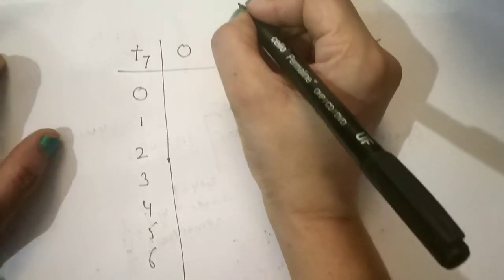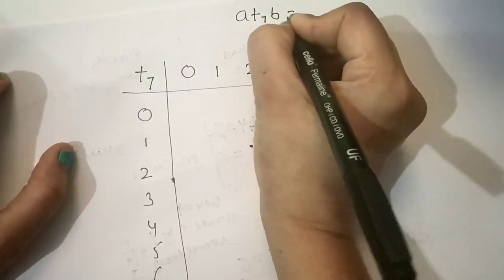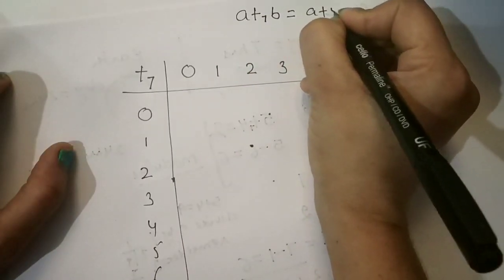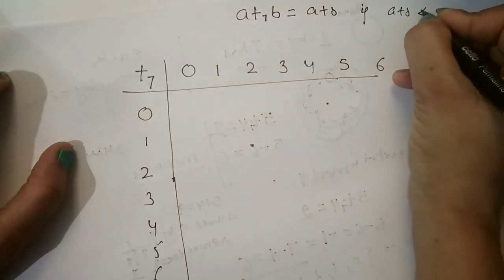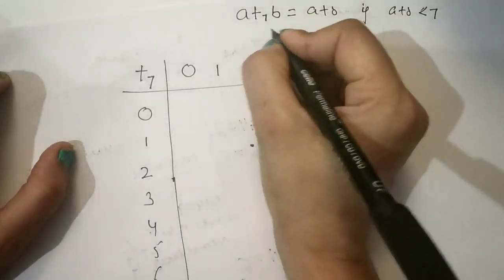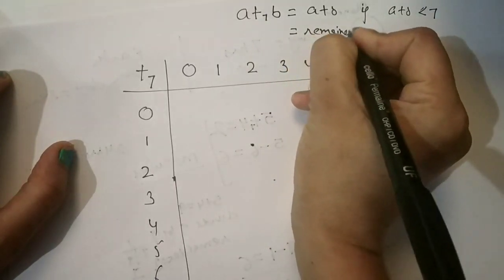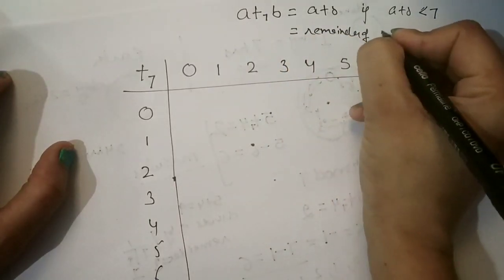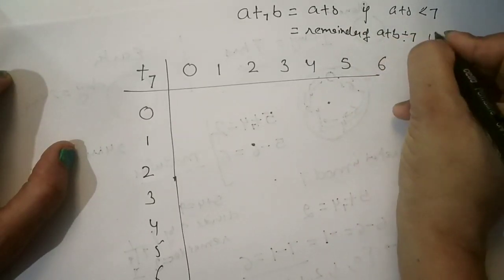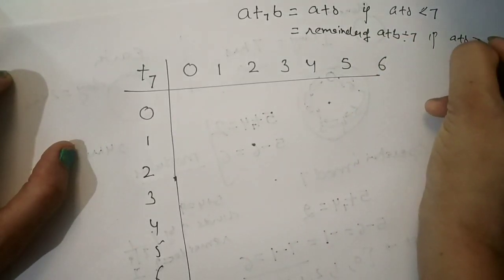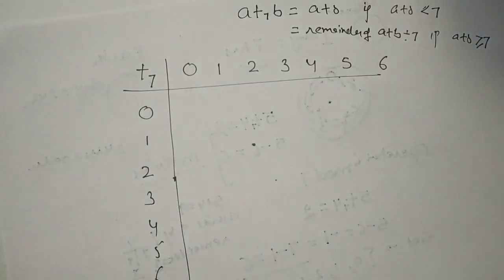So you can write the operation: a plus b mod 7 is equal to a plus b if a plus b is less than 7, and this is equal to the remainder of a plus b divided by 7 if a plus b is more than or equal to 7. So this is the operation. This is how it works.